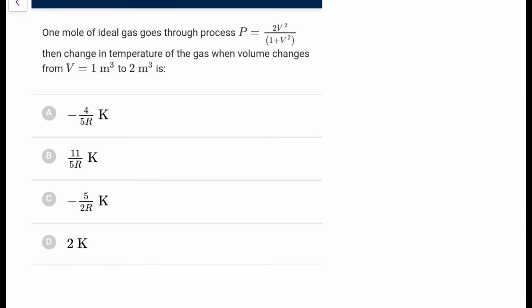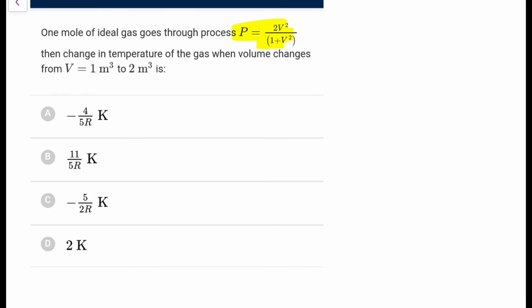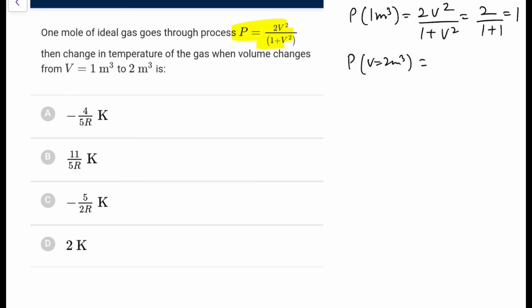Now a mole of an ideal gas goes through the process P is equal to this. Then change in temperature of the gas when volume changes is okay. So what you can do, because it is an ideal gas, PV is equal to nRT. You can do with this always. So first of all, the pressure when it was 1 meter cube was equal to 2V square upon 1 plus V square, that is 2 upon 1 plus 1, that is 1. And the pressure when volume is 2 meter cube will become 2 into 2 square upon 1 plus 2 square, that is 8 by 5.